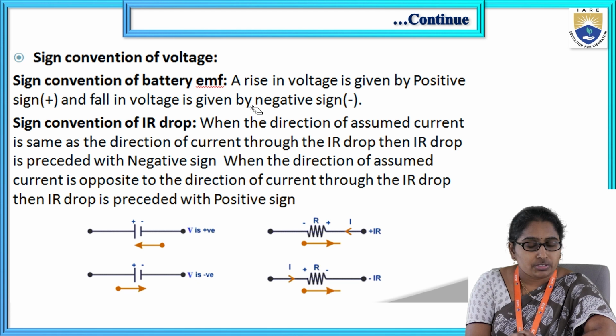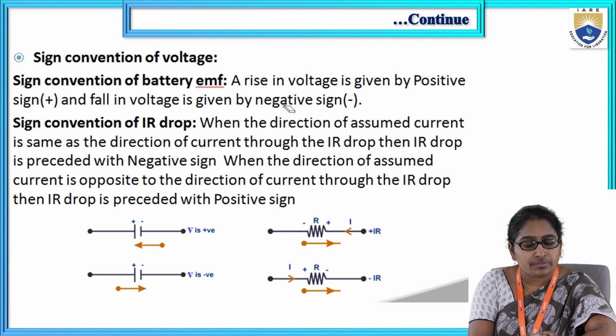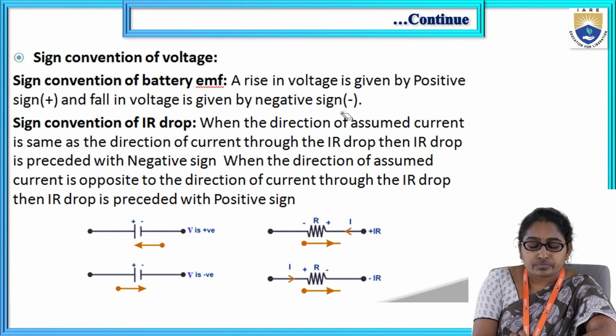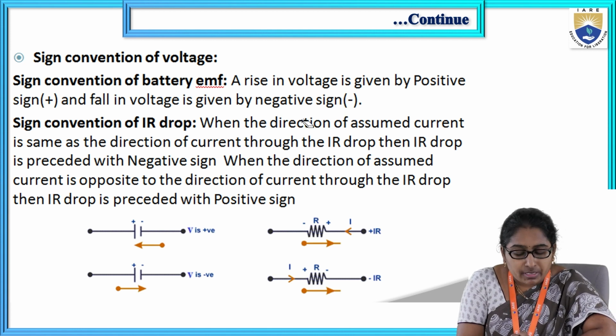A fall in voltage is given a negative sign. That means if we are going from the positive terminal to the negative terminal of the battery, from a higher potential point to a lower potential point, that is a fall in voltage, given a negative sign. So that is about the battery.